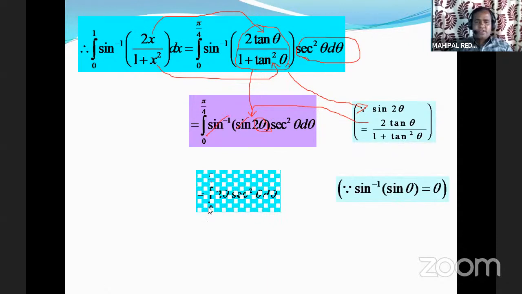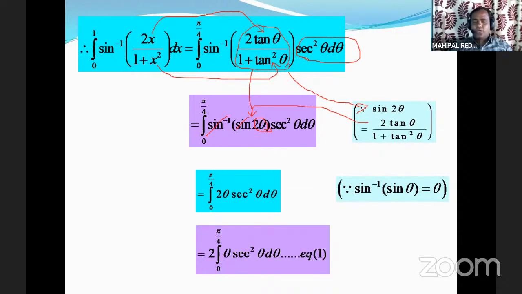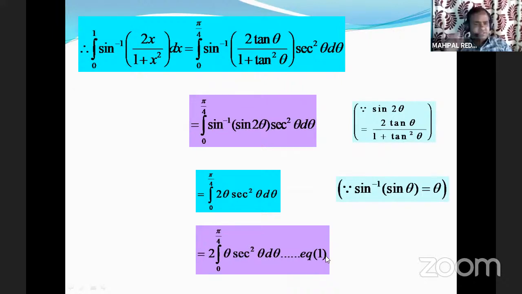So it is now integration 0 to pi by 4, 2 theta into sec square theta into d theta. The 2 I am writing outside. It becomes integration 0 to pi by 4 theta into sec square theta into d theta. Let this be equation number 1.